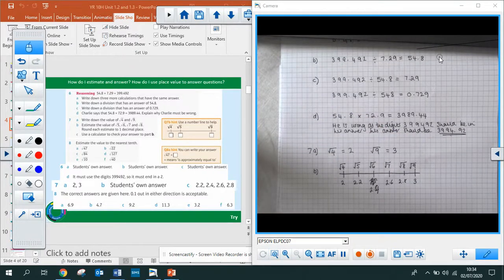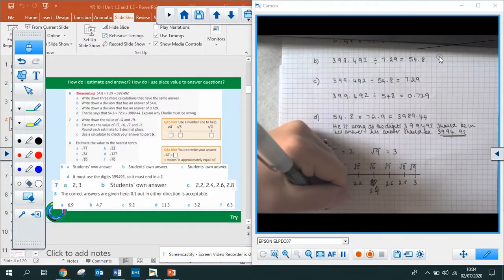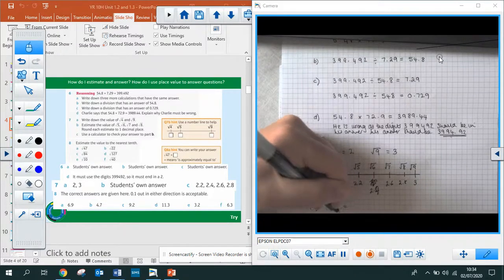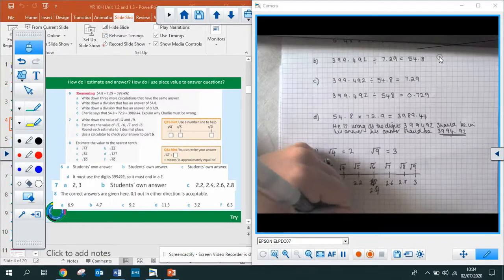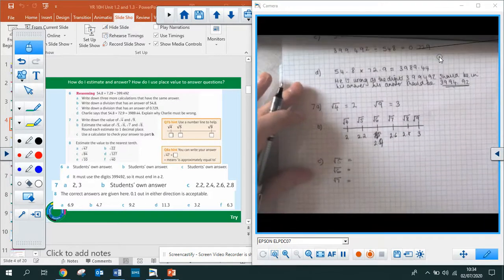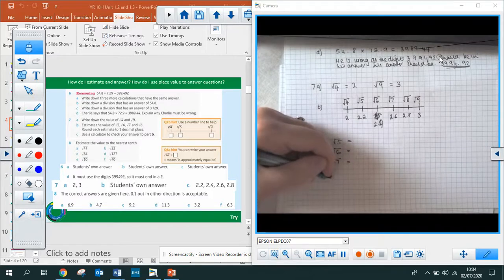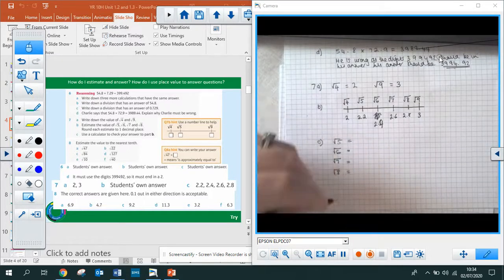Then part C has said, use a calculator to check your answers. So for part C, you had to put each of those into your calculator and check your answer. Sorry, I didn't realise you couldn't see that there. Okay, and then check your answers.